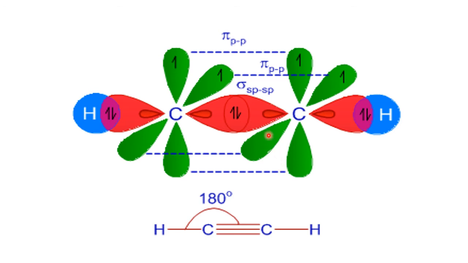Now one more is there, no? This electron with this electron overlaps in the same way. Here also it overlaps, and these overlaps are the same, sideways. So two sideways overlaps are happening here, and two pi bonds are formed. Apart from the single bond between the C-C, two more bonds are formed sideways. They are called pi bonds.